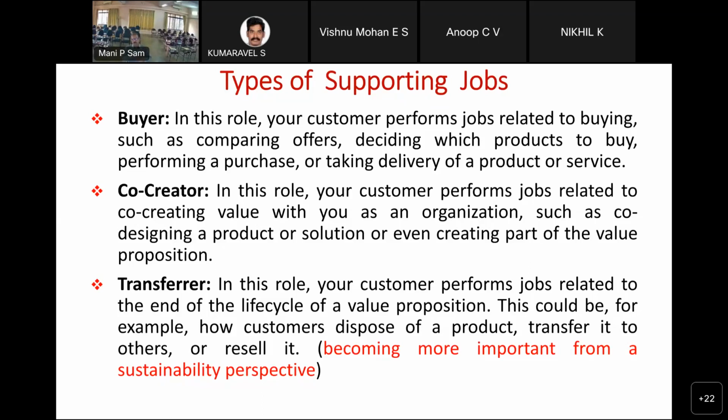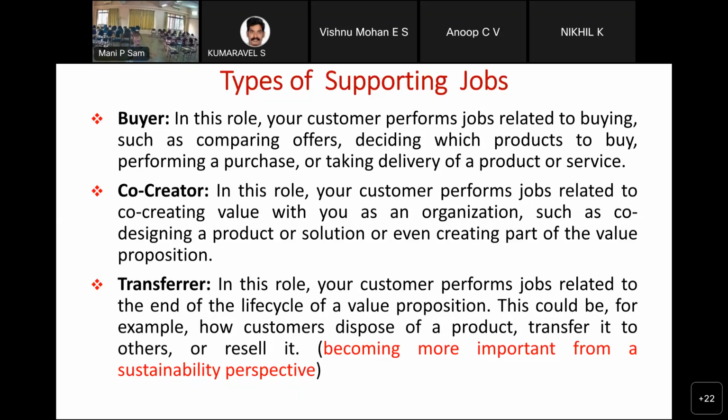So the way in which you can discard or end of life, how do you manage the product also becomes important these days.